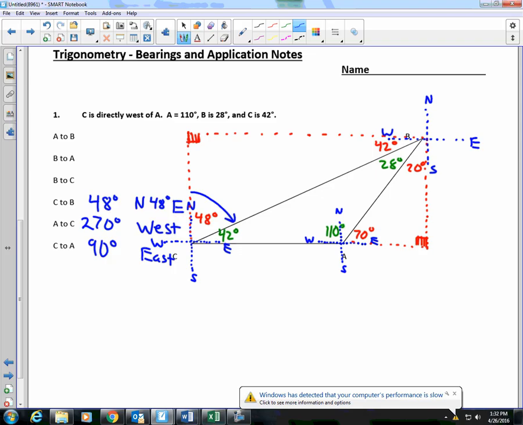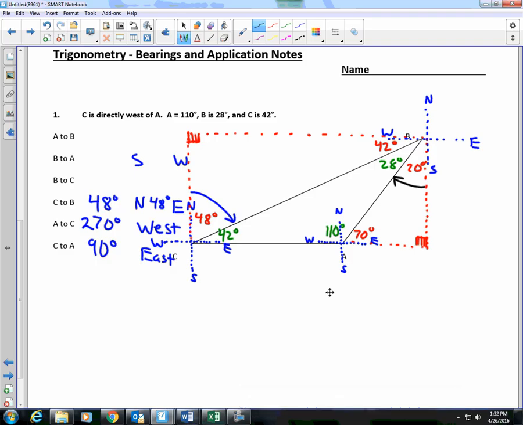Let's go from B to A. Somebody give me the two-direction description of our travel. South, west. So I write down south and west. Everybody okay with that? So the question is, from south, how many degrees do we turn towards the west? 20 degrees.